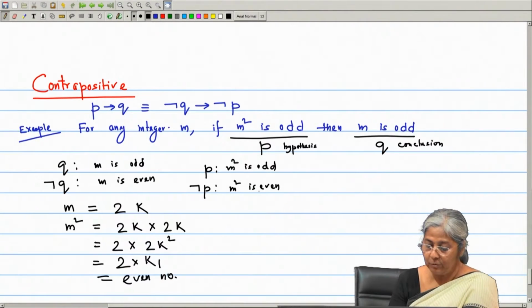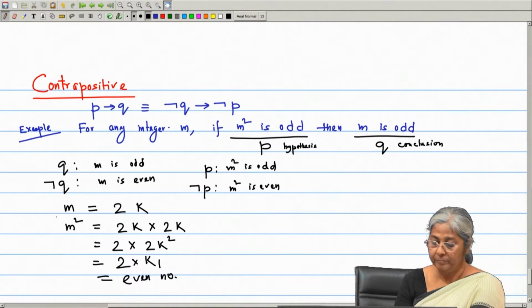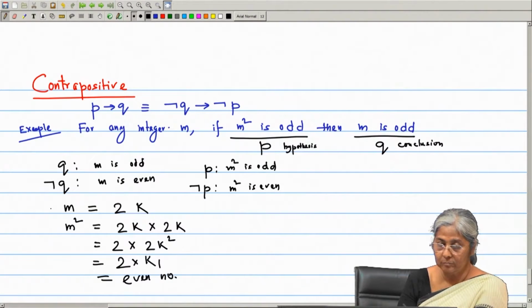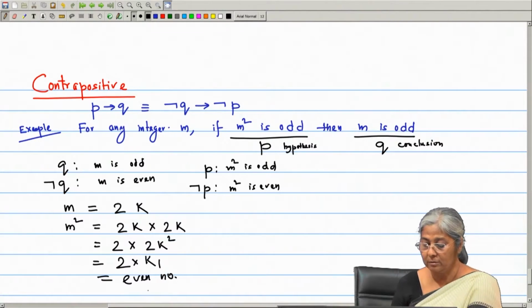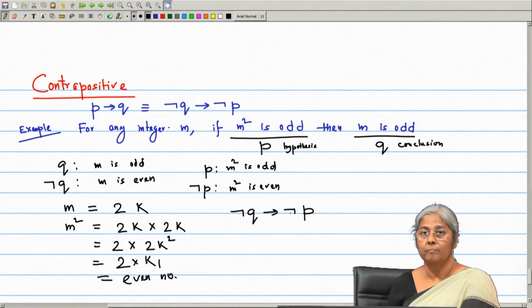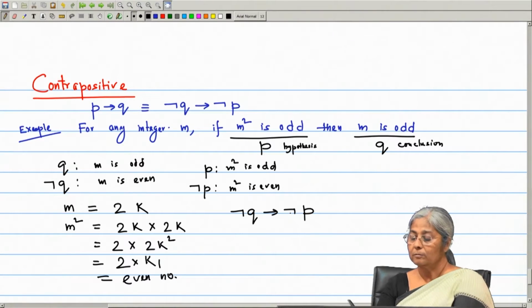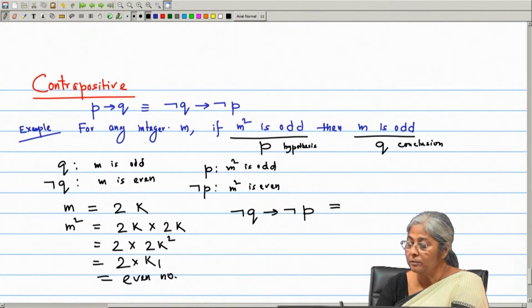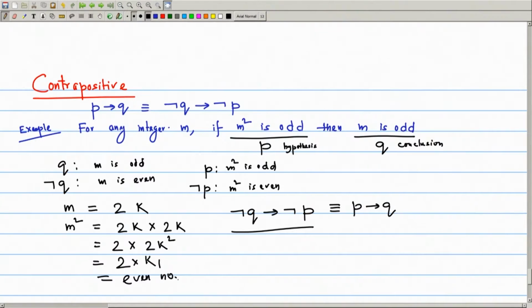So, what we see? We started with m is even, that means the negation Q, and we got negation P, that means negation Q implies negation P. And we know that this is equivalent to P implies Q. So, since this is true, P implies Q, so Q is true.